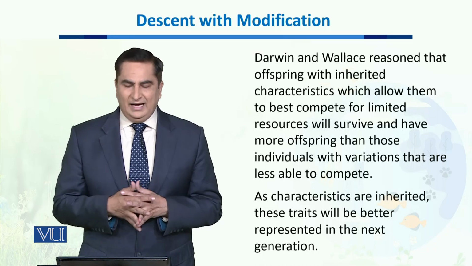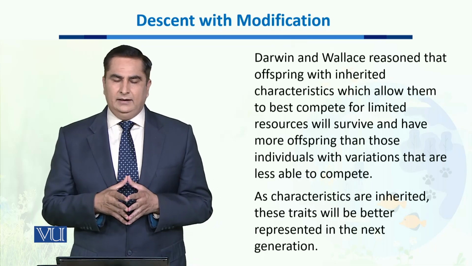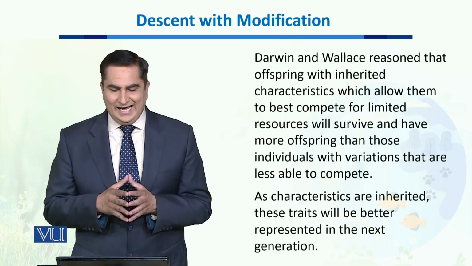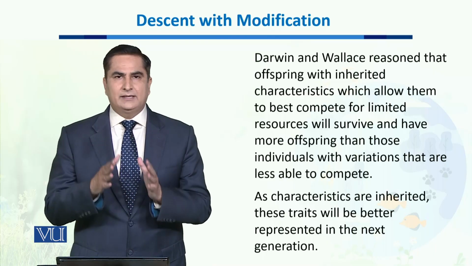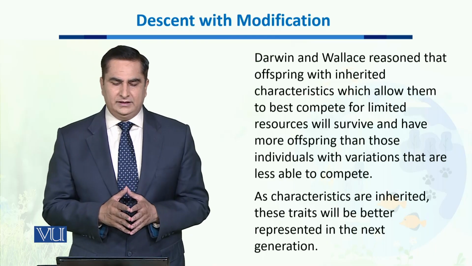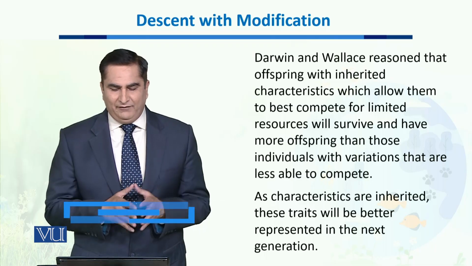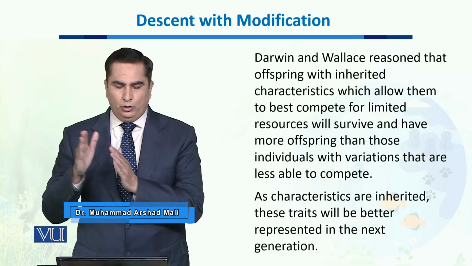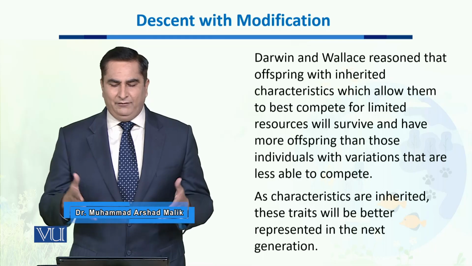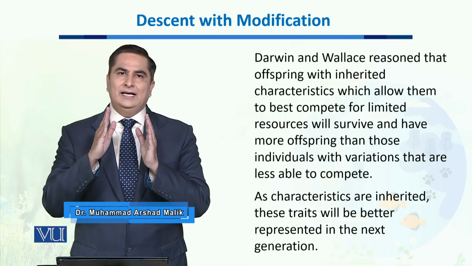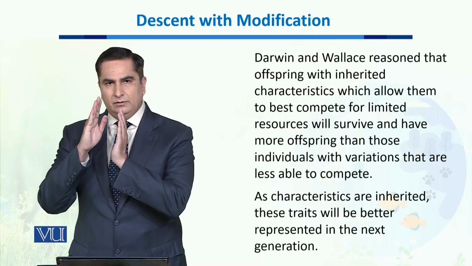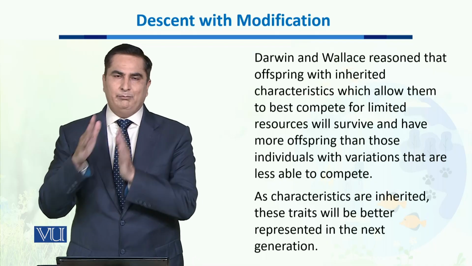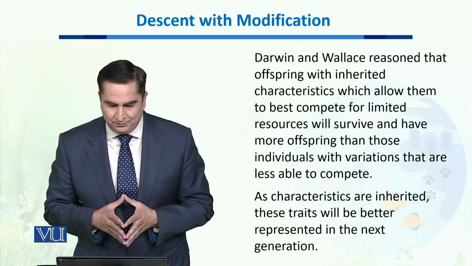Now, Darwin and Wallace reasoned that offspring with inherited characteristics which allow them to best compete for limited resources will survive and have more offspring than those organisms which have variations that are less helpful to those organisms to compete in a certain environment.